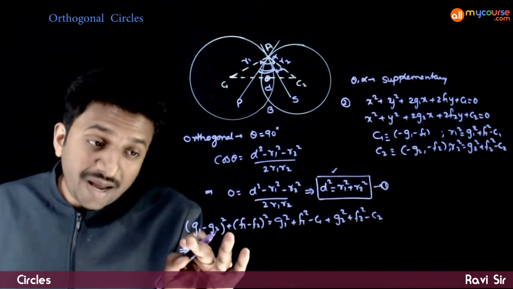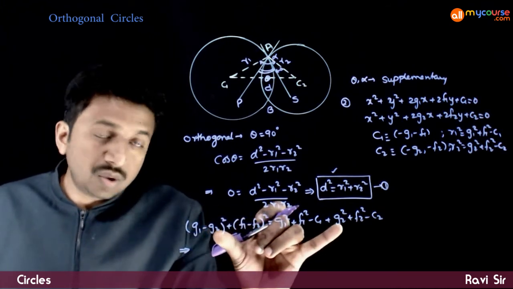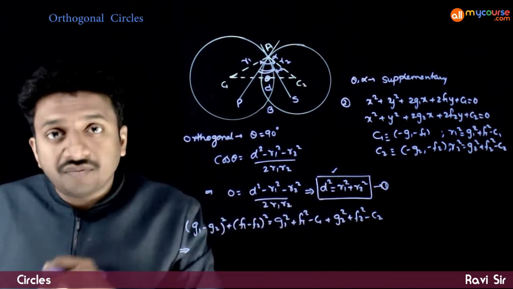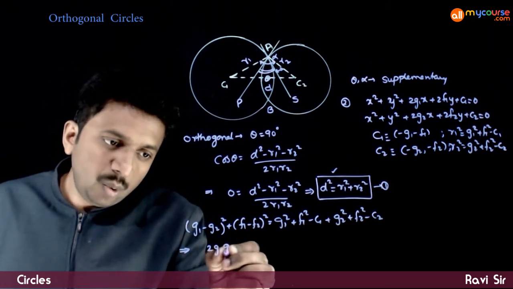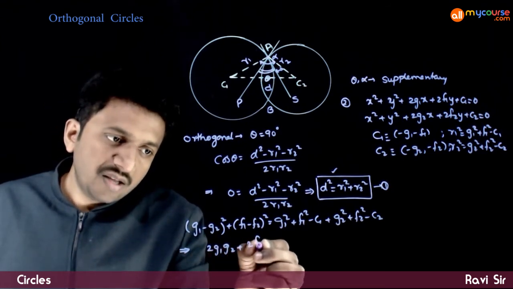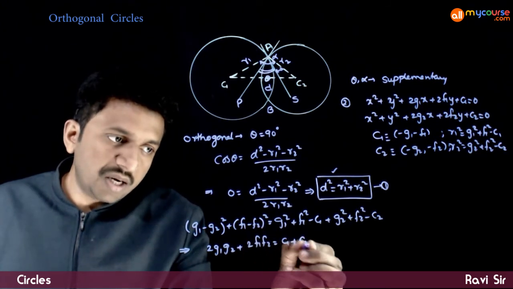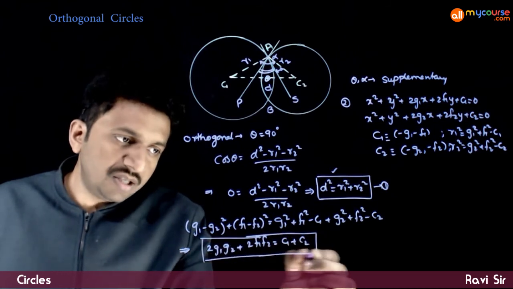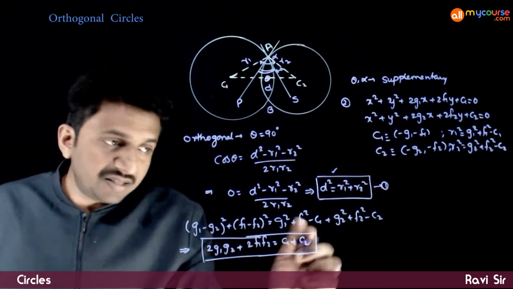So if you expand these squares, g1 square, g1 square, g2 square, g2 square will get cancelled. f1 square, f1 square, f2 square, f2 square will get cancelled. So what will be left is 2g1 g2 plus 2f1 f2 is equal to c1 plus c2.